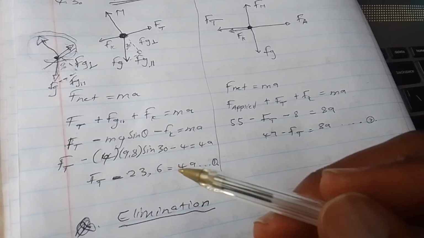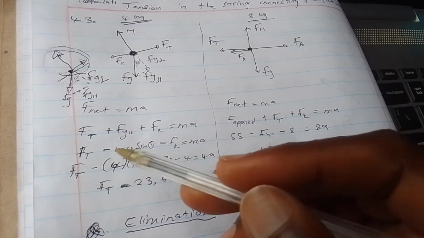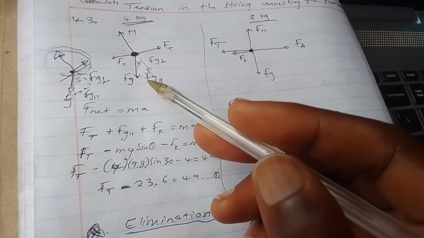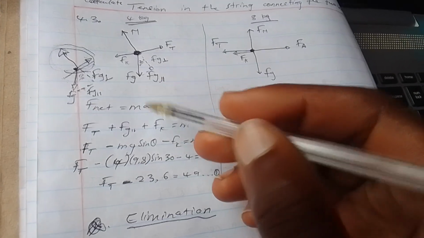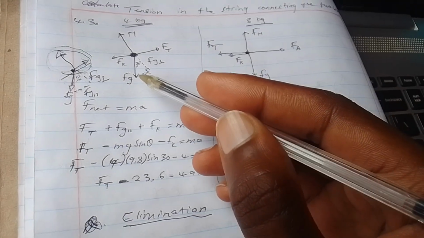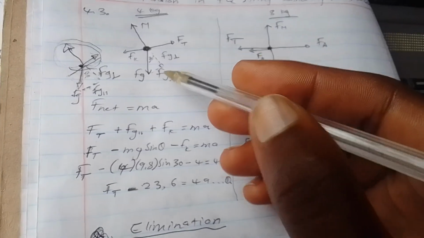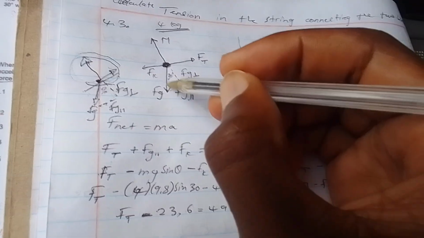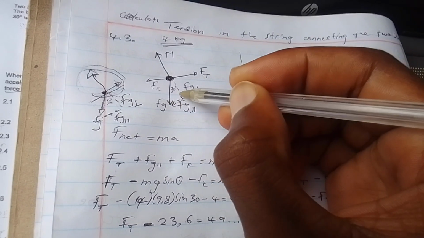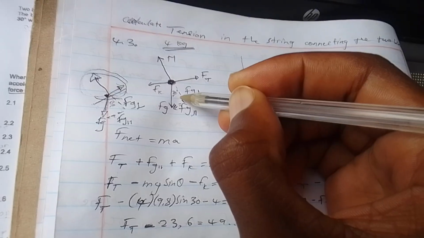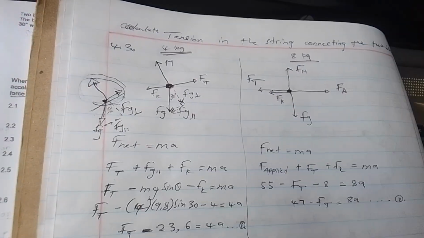Here's our FG parallel and it's acting opposite. It will go this way, and this one, FG perpendicular, will go downward.